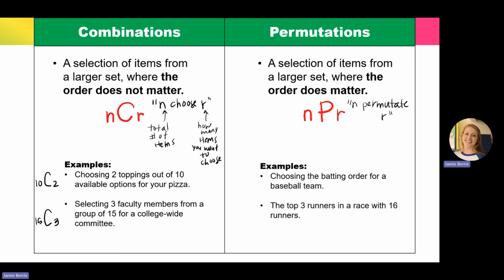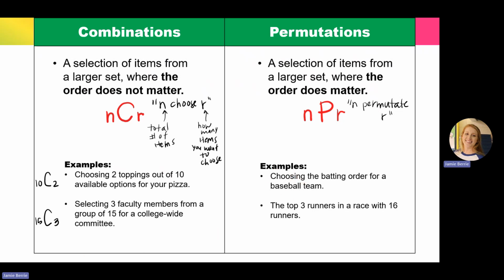All right, so for permutations, I had 2 little sports examples here. Those were the ones that I thought resonated the most with me. The first example for permutations is choosing the batting order for a baseball team.